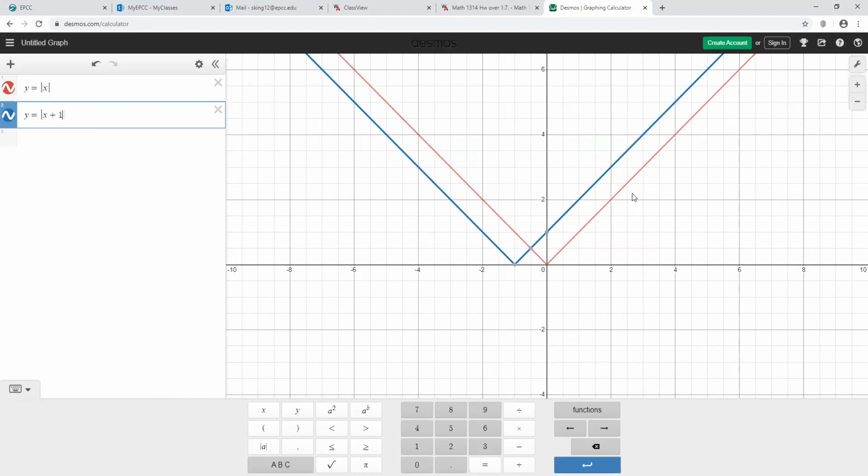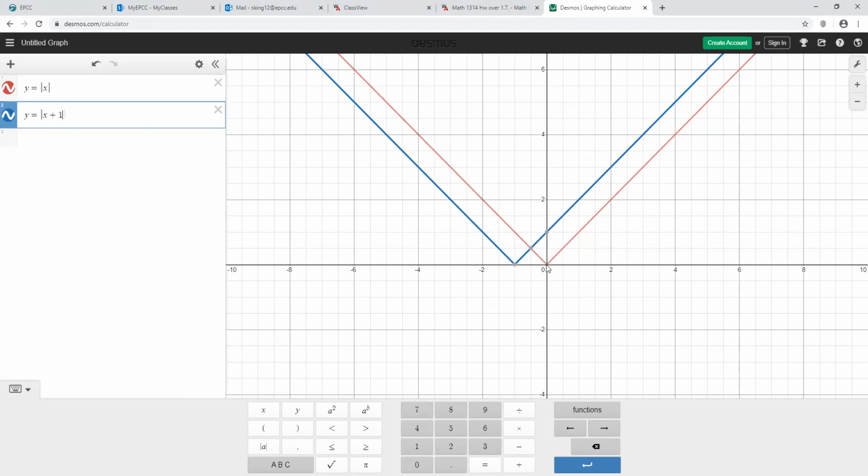This is not a shrink towards the y-axis or a stretch away from the y-axis, which would be a horizontal dilation. This is taking the whole red graph and moving every point a whole unit leftward. So it's not changing the rigidity or the basic form of the shape of the graph.